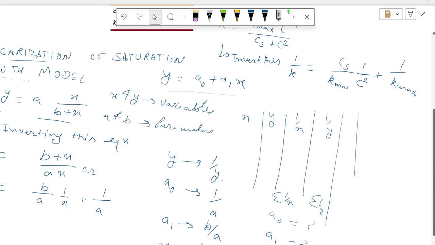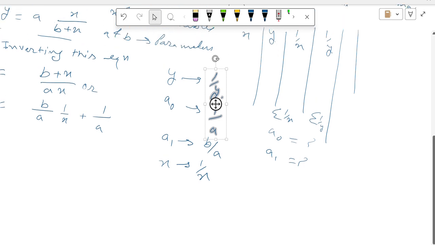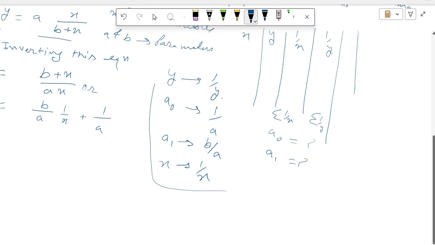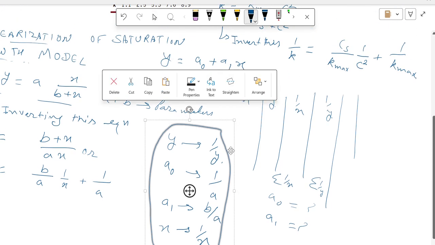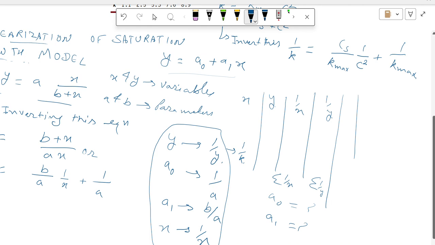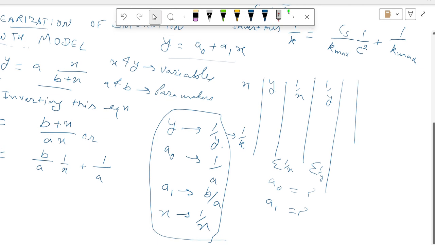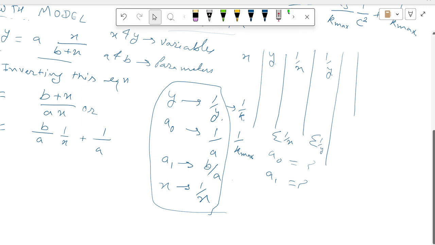Now if you compare this to these variables here, my y is 1/k, my a0 is 1/k_max, my a1 is cs/k_max, and my x is 1/c².